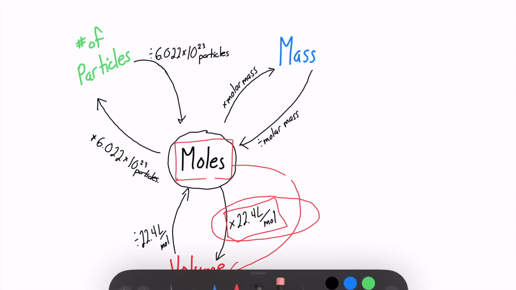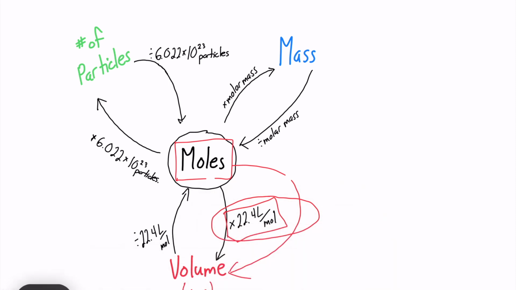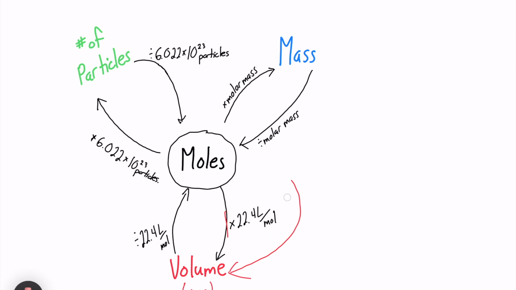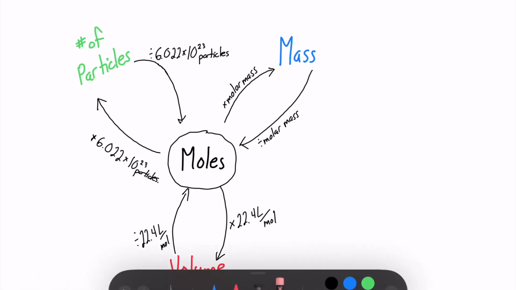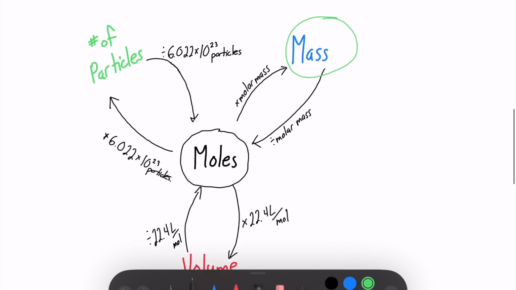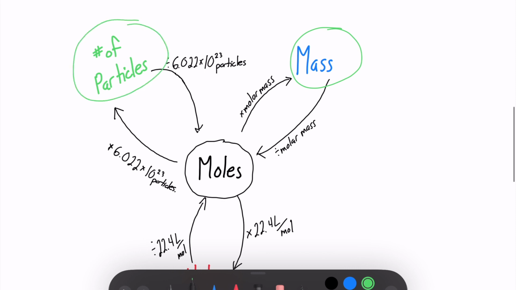Get our object eraser out. There we go. We are going to be going from mass. Whoops, that was my eraser. There we go. We're going to be going from mass and all the way to number of particles.